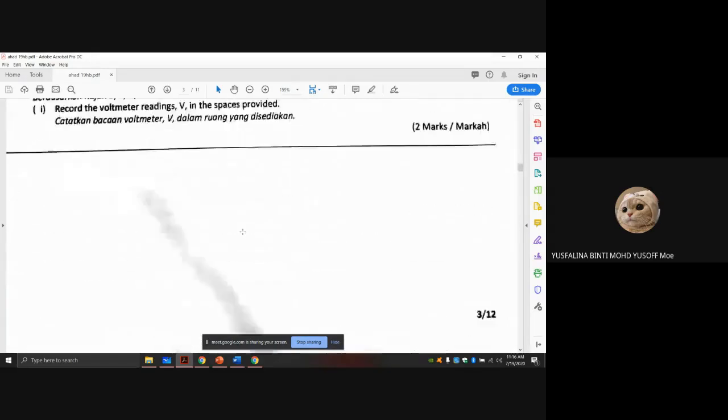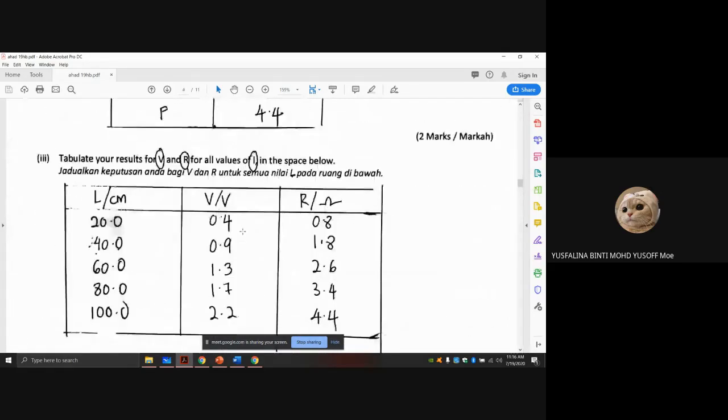So when you write the value of the voltmeter, it is only 1 decimal point. So you have to be careful. Let's say for your meter ruler, the smallest scale is 0.1 cm, so you write the answer only in 1 decimal point, because the smallest scale for the meter ruler is 0.1. So you have to be careful about that.